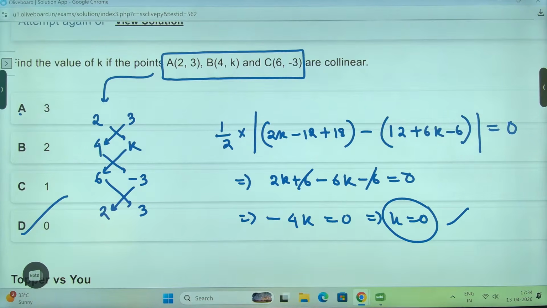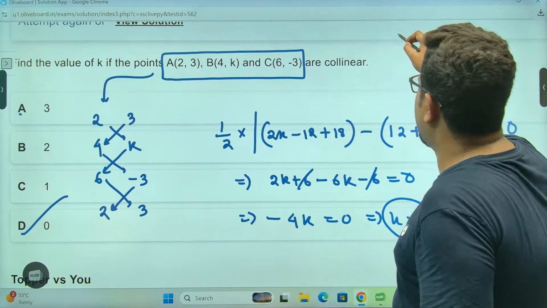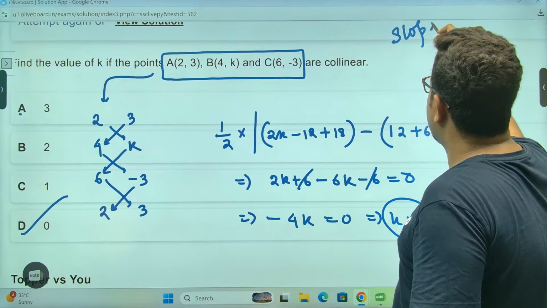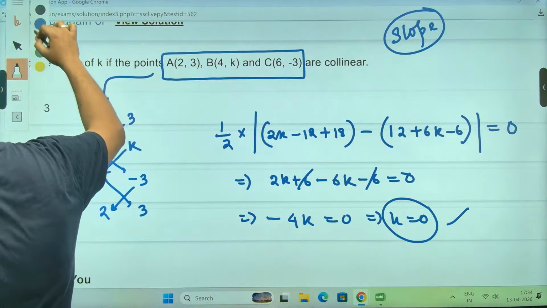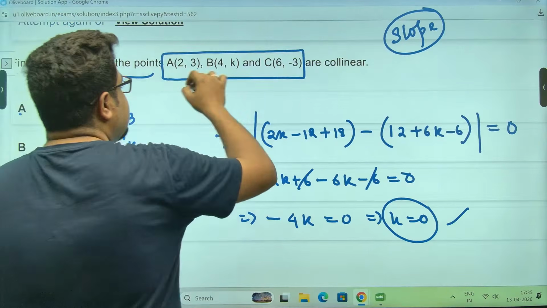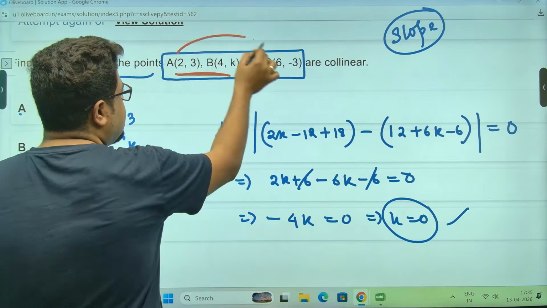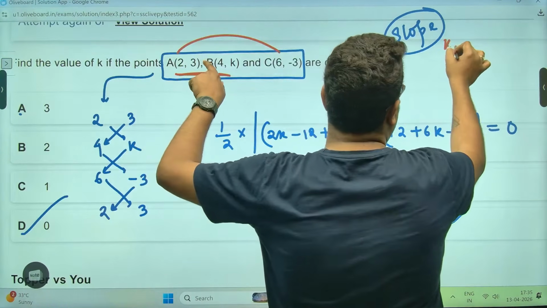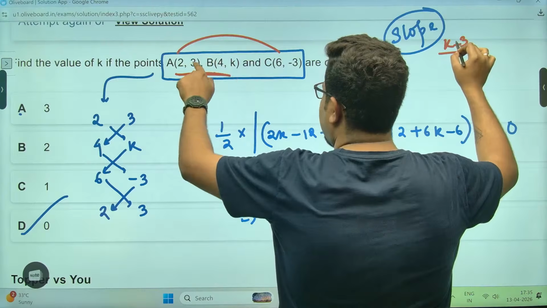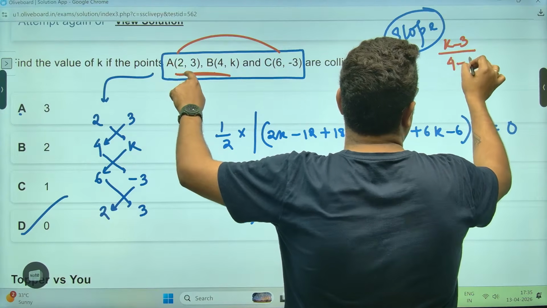Again, this is only one of the methods. You can also do this by slope. Slope of AB must be equal to slope of AC. Slope of AB is k minus 3 by 4 minus 2.